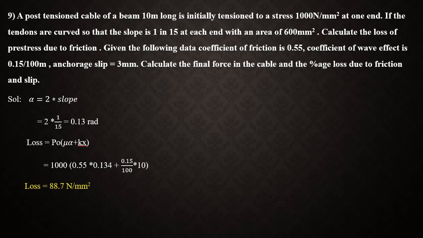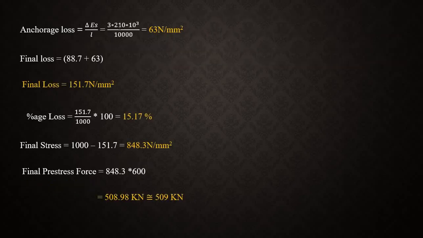If they have not given it, we know that the Young's modulus of steel is 210 into 10 power 3 Newton per mm square. If you want to write in kilonewton, it will be 210 kilonewton per mm square. Here I have substituted in terms of Newton. So it is 210 into 10 power 3 by the complete length of the beam, which is 10 meters. Convert that into mm, that will be 10,000 mm. So anchorage loss is 63 Newton per mm square.